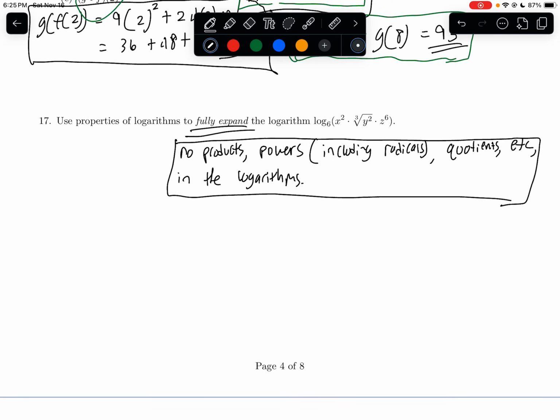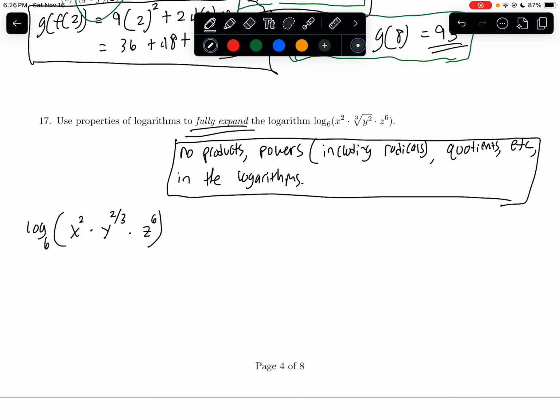Okay, so how do we do this? Well, the first step would be to convert everything to a power, and that squared is fine. The y we can write as y to the 2/3. Right? The cube root is the 1/3 power. We're squaring the term, so 2/3, and we multiply that with the z to the 6th.